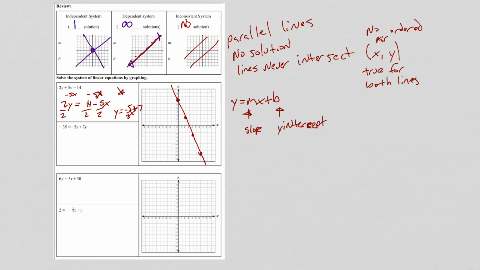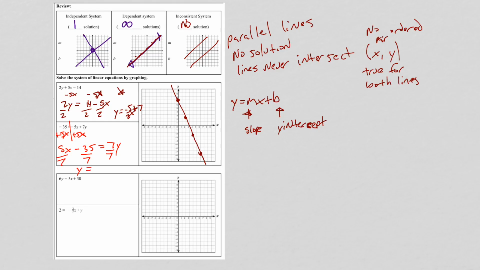And now this line, let's do it in a different color. How about red? Okay, so you'll have to add 5x to both sides. When I do that, I get 5x minus 35 is equal to 7y. From here, divide everything by 7.